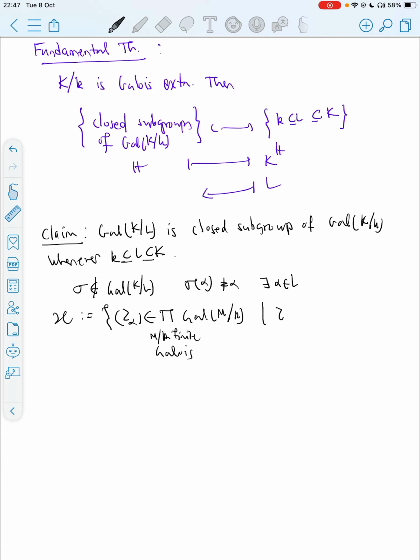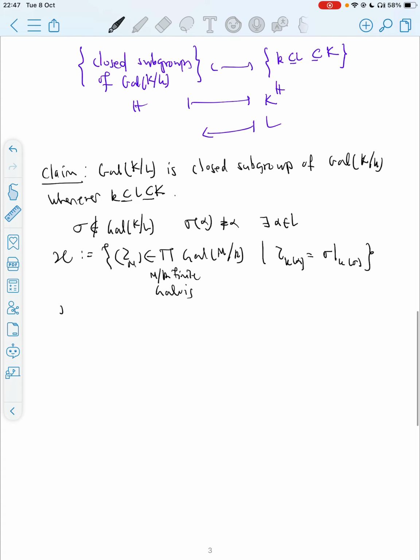This alpha set ranges over finite Galois extensions of the base field k. One particular of them is k alpha, and you can also restrict sigma to k alpha. They should be the same.